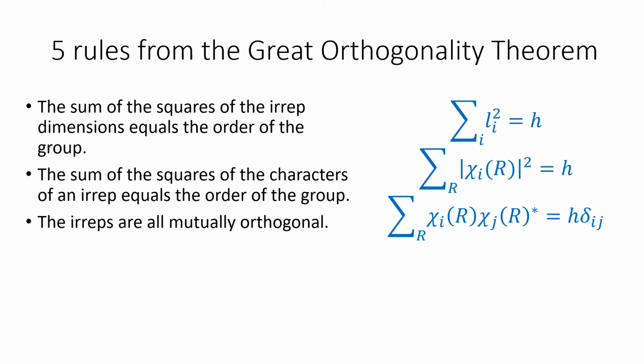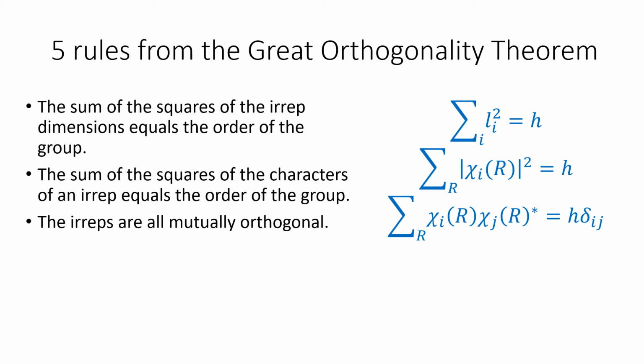This is called the Kronecker delta. It's a kind of shorthand where if i and j are different irreps, then it equals 0. And if i and j are the same irrep, that's to say if i equals j, then the Kronecker delta is given the value 1.